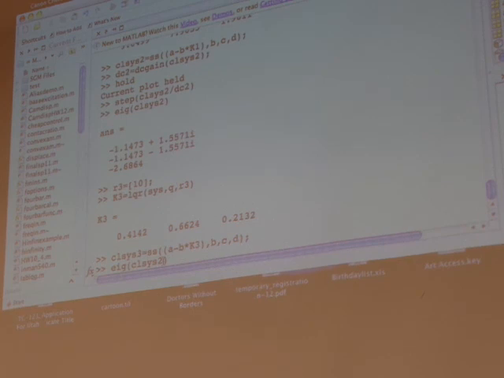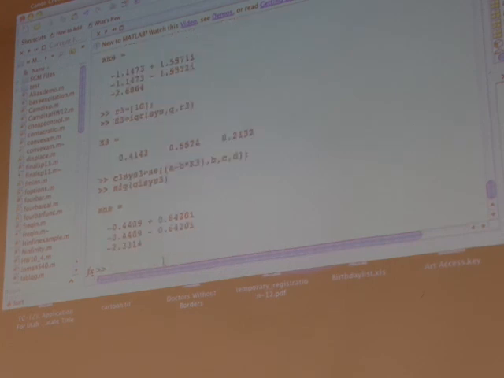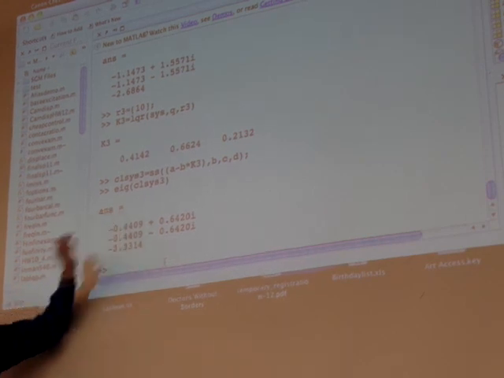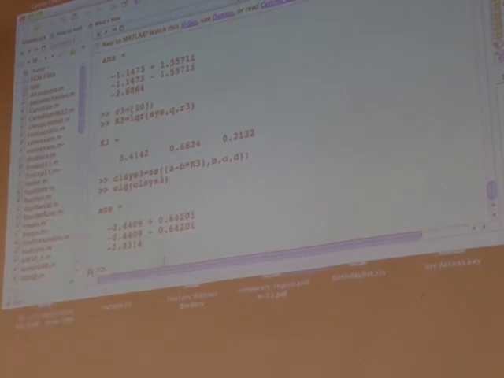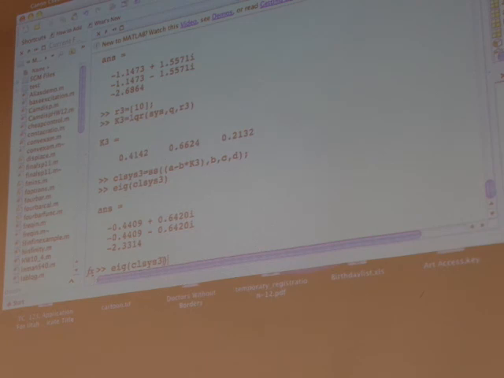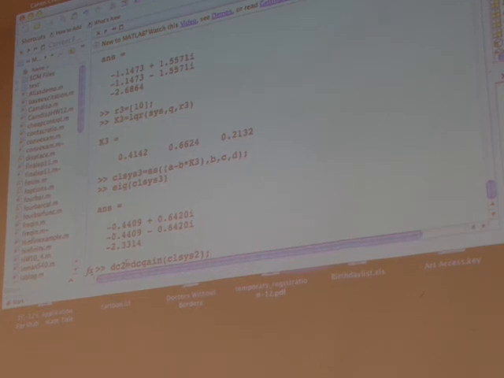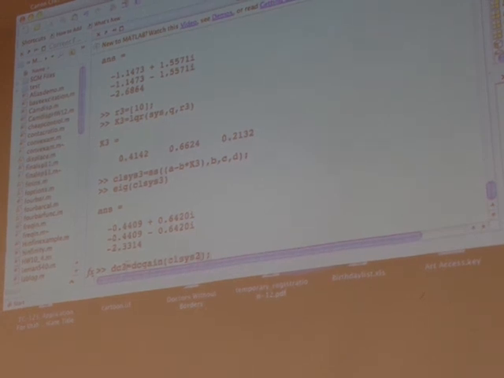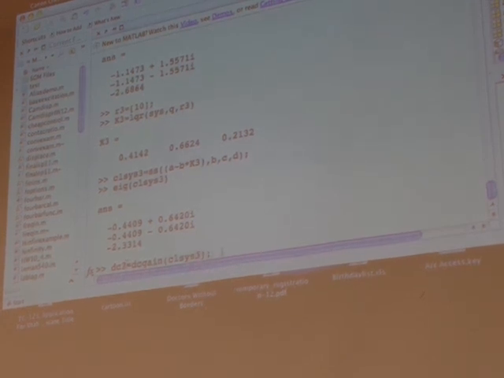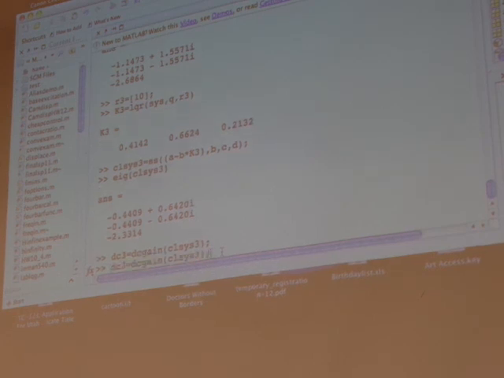What do you think the eigenvalues are going to do? This guy is still pretty much the same for the decrease. Now let's look at the step on this.